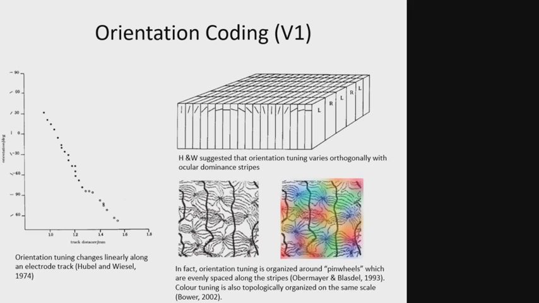What you can see from the diagram on the bottom right of this slide, the coloured in version, is that it's subsequently been discovered that the colour tuning of the neurons is also arranged around the same patterning, the same scale, so that around the location where those pinwheels occur, where all the orientations come together, there tend to be more blue sensitive neurons, whereas where the different oblique orientations are represented tend to have red and green tunings.